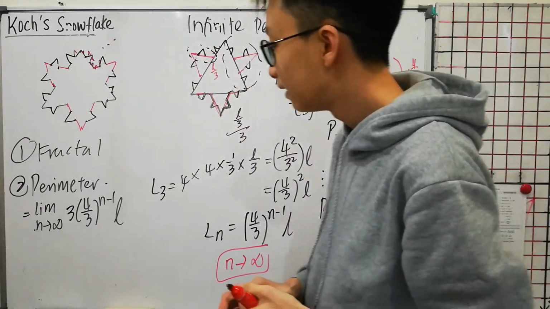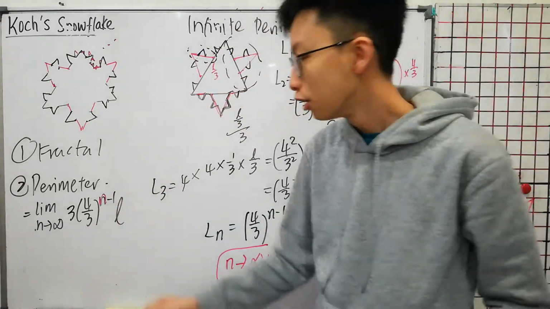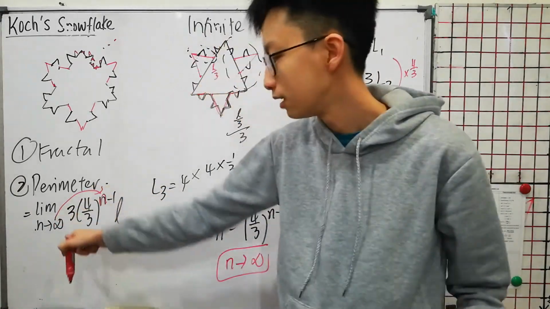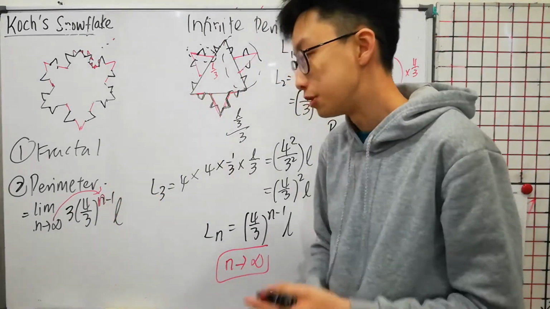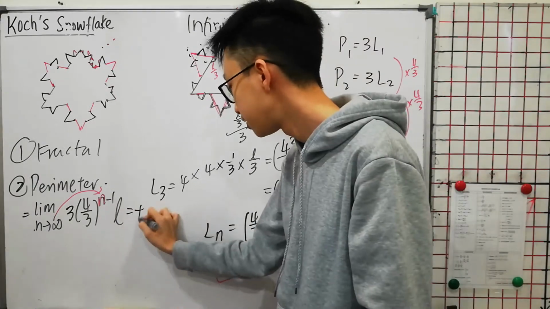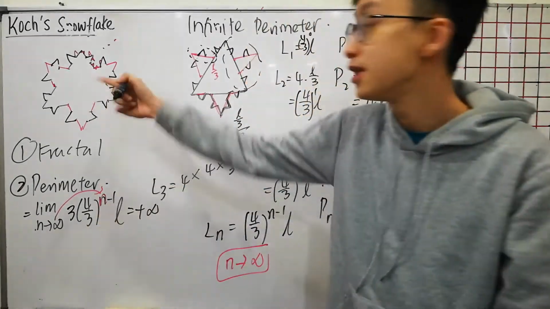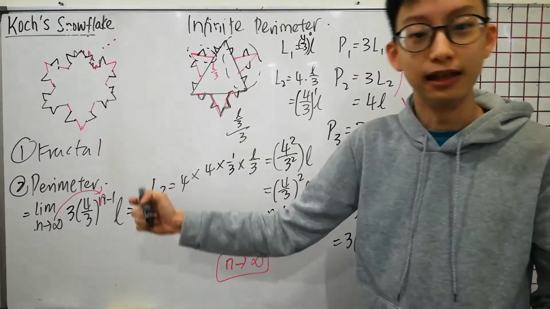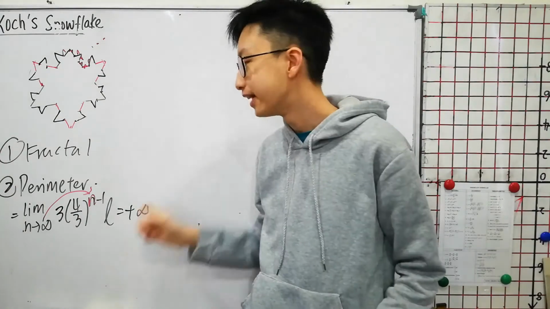And as you can see, your n is in the exponent. So if you substitute in infinity, you'll get a very big number, which means it will be positive infinity. And therefore we say that the perimeter of this shape is infinite. I hope you are convinced that this shape has an infinite perimeter.